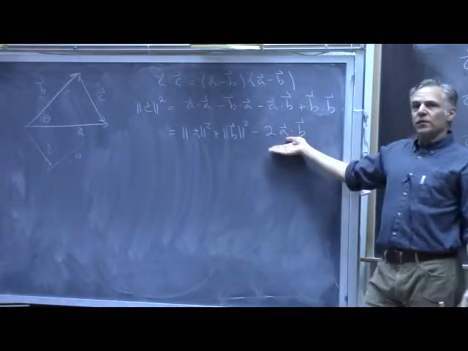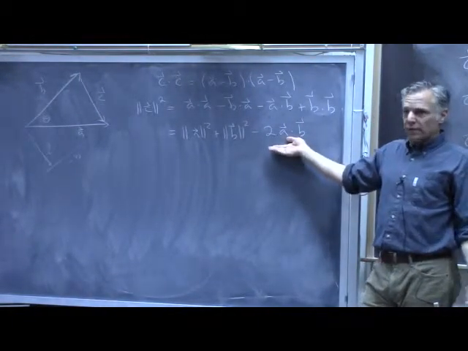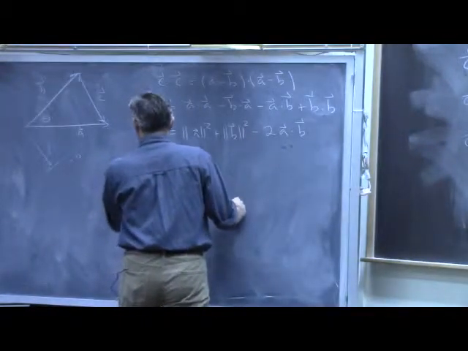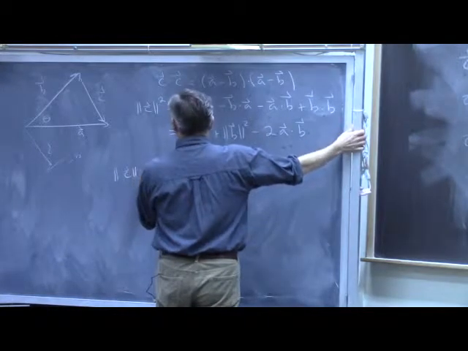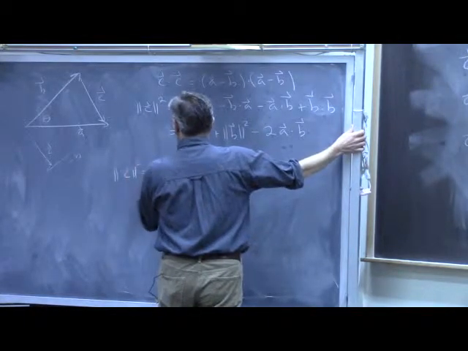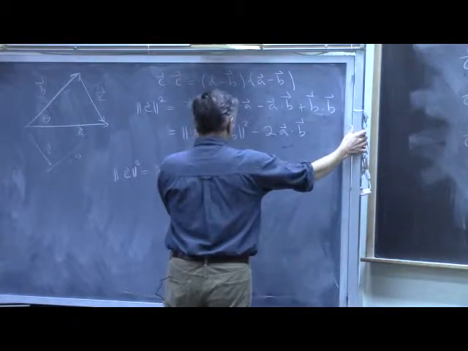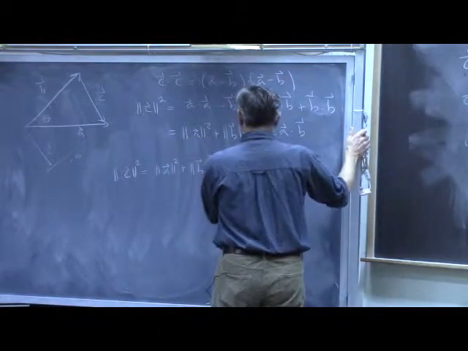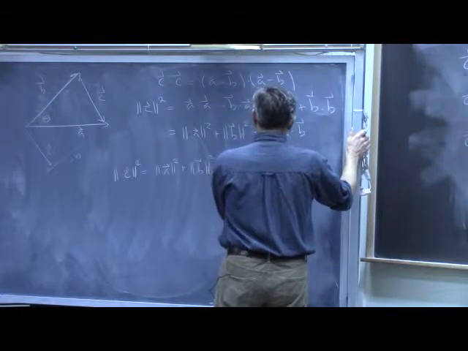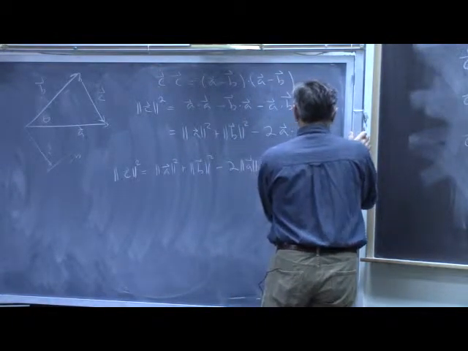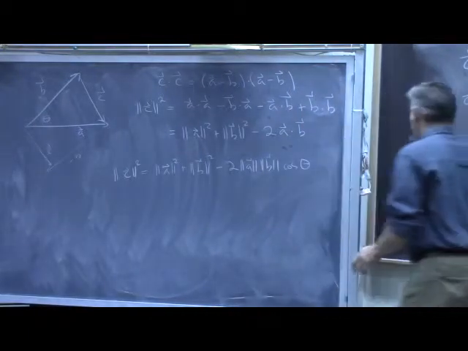And then the last thing I'm going to do is say, oh, I know the geometric formula for the dot product. So I'm going to do this. C squared equals A squared plus B squared minus 2AB cosine theta.